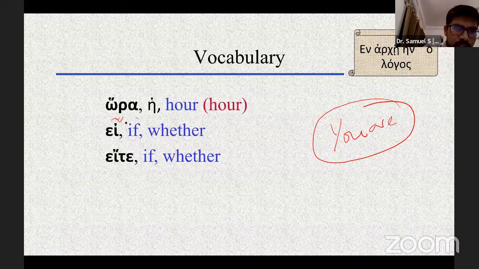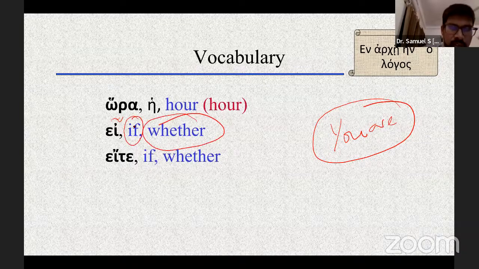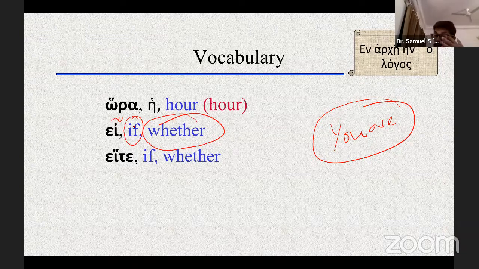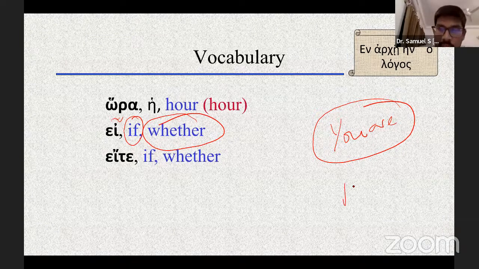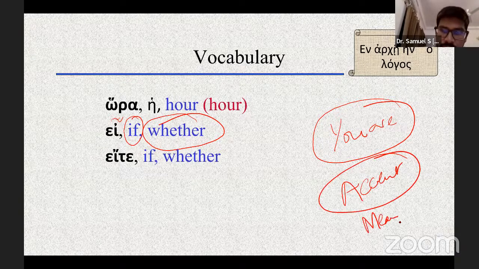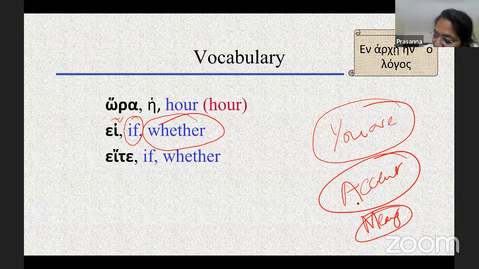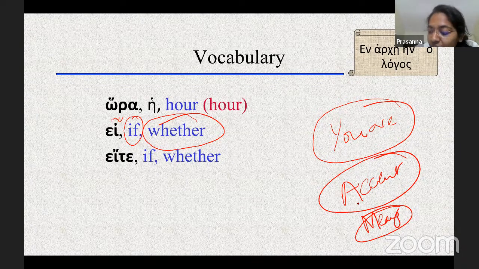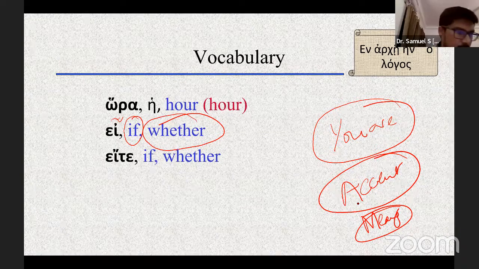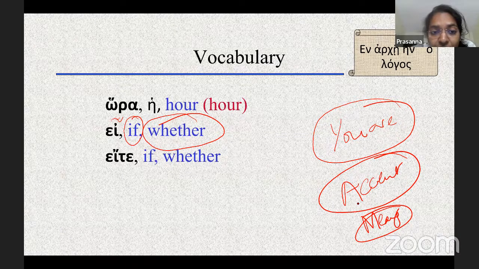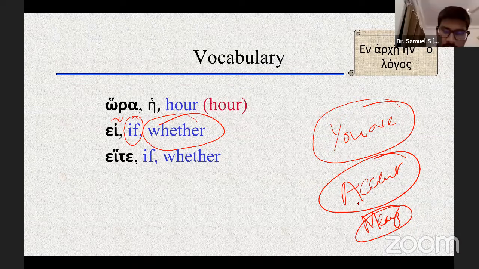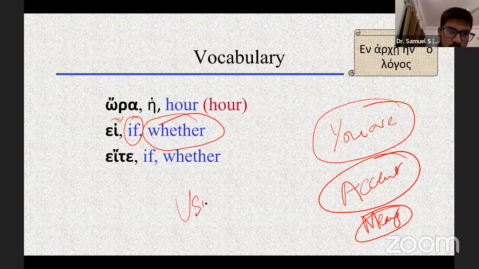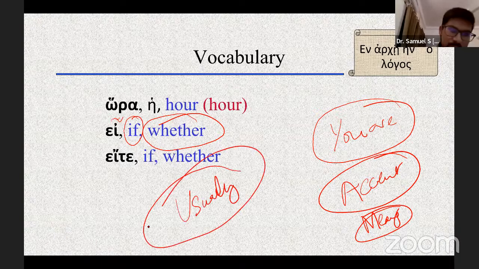Remove the circumflex, and it's a totally different word. It's a conditional particle, if, whether. So this is one of those rare instances where accent is making a difference in the meaning. Accent usually doesn't impact meaning and translation, no? Yes. But here it is making a difference. That's why we said usually it doesn't make a difference.